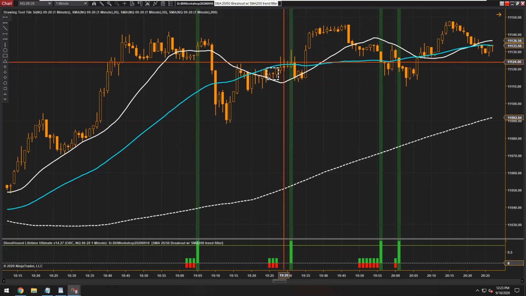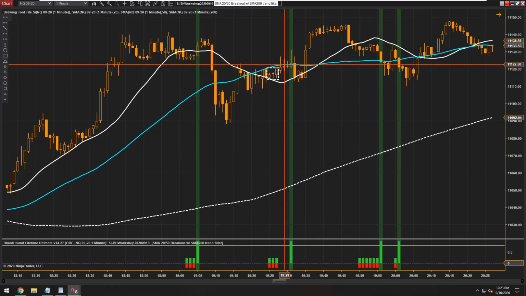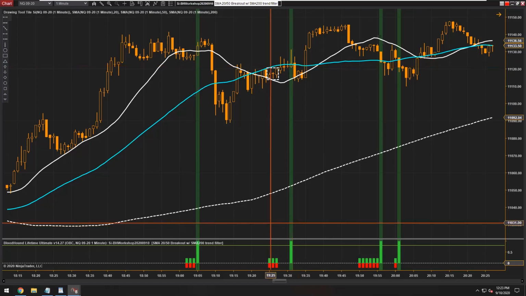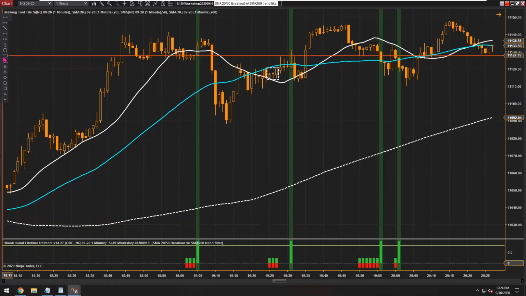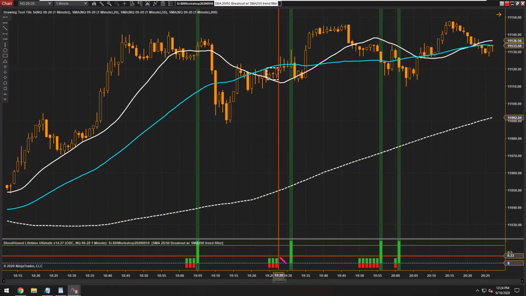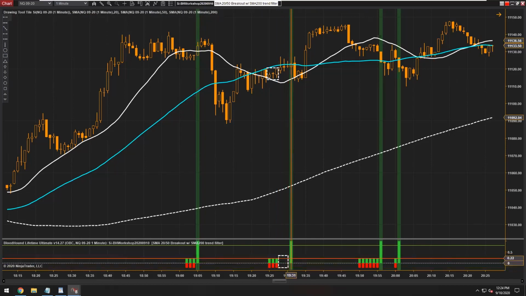We had a bunch of long wicks here, so we had 3 bars touching, and then we finally got the breakout. So that toggle node basically, I don't want to say fixed, but that toggle node is allowing for multiple bars to happen before the breakout.